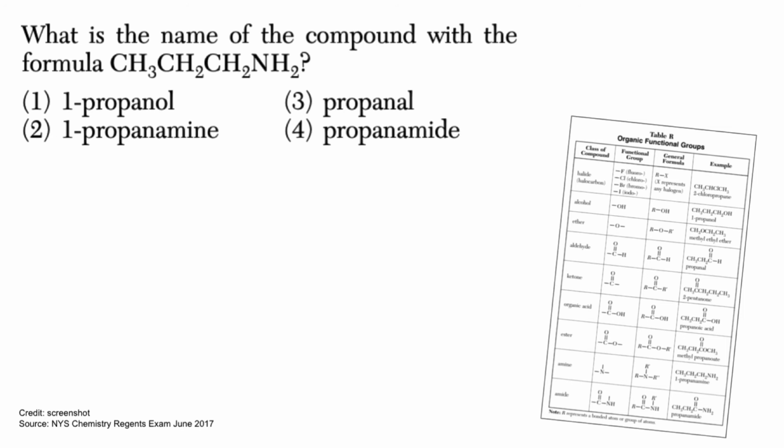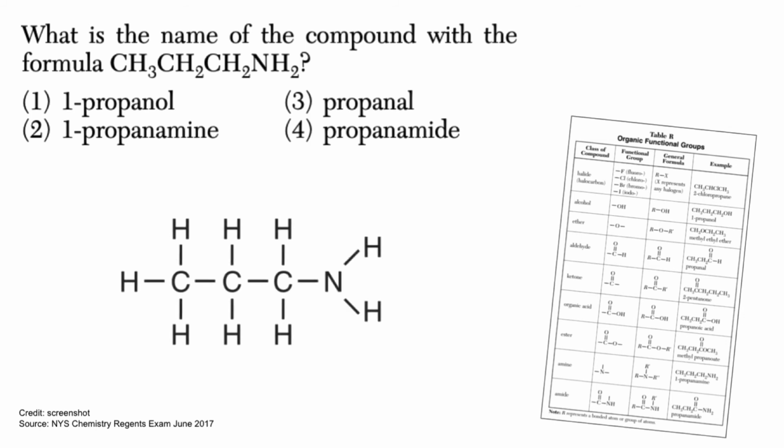Looking at Table R, this originally seems kind of difficult, but actually this compound matches exactly what is written down for the amine group. I've got 1, 2, 3 carbons, one with 3 hydrogens, then 2 with 2 hydrogens, and then a nitrogen with 2 hydrogens. This is 1-propanamine.